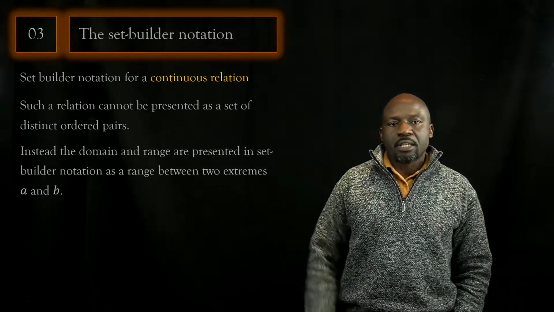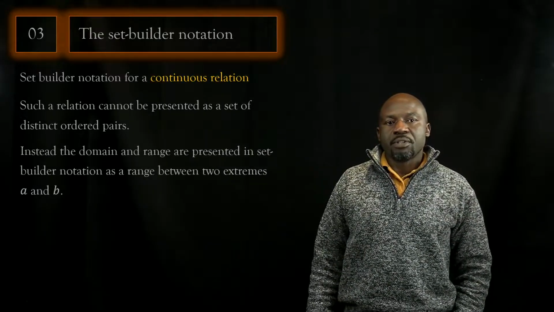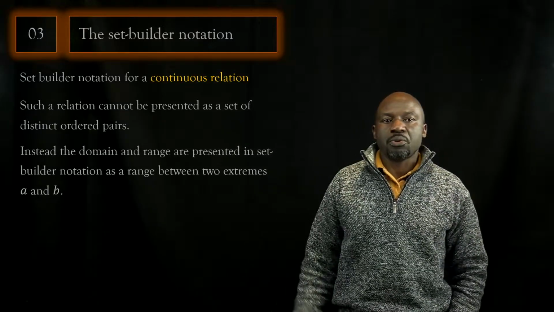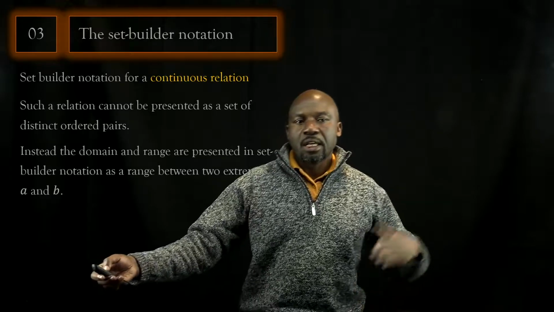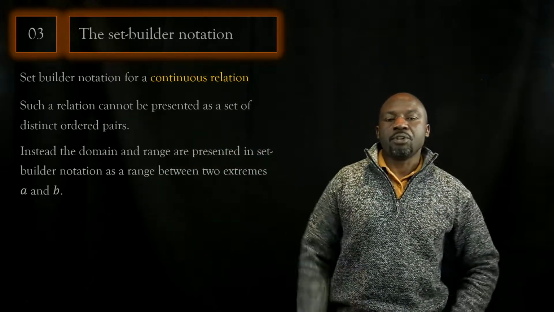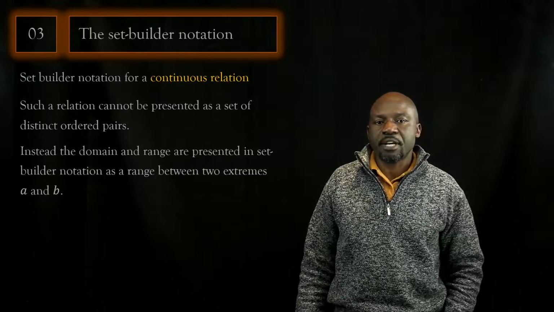Instead, the domain and range are presented in set builder notation as a range between two values. There's some beginning A and some end B. We usually refer to these as the extremas.